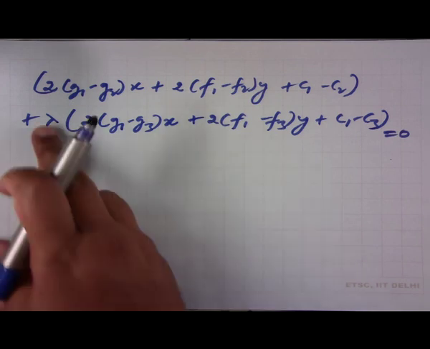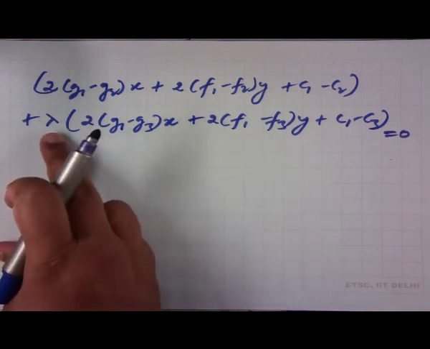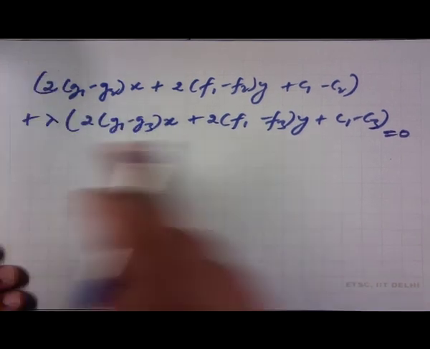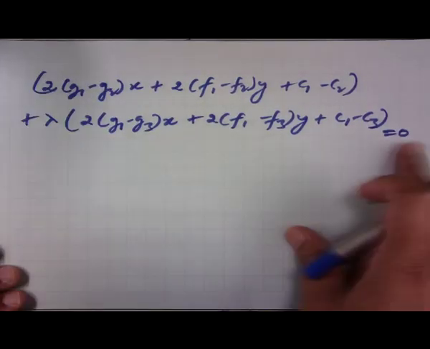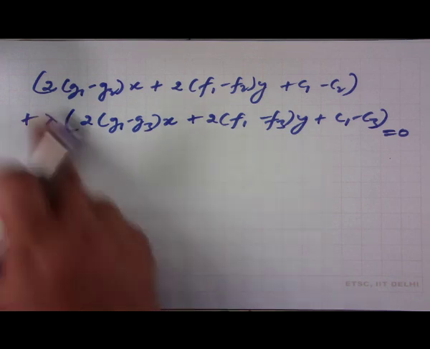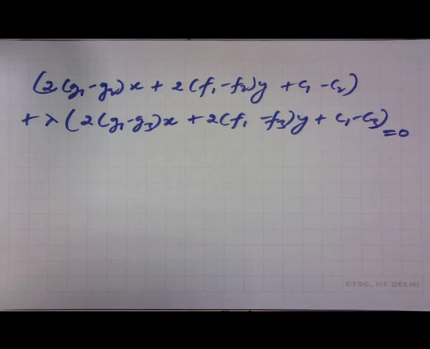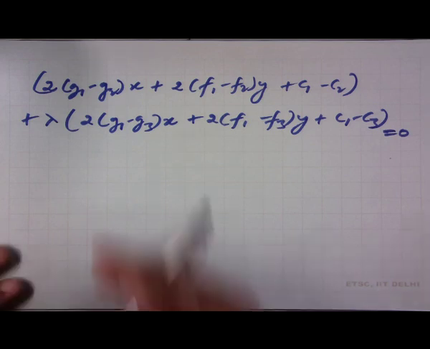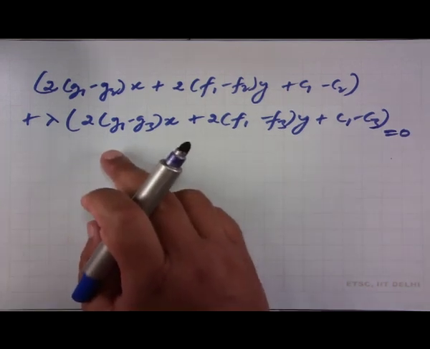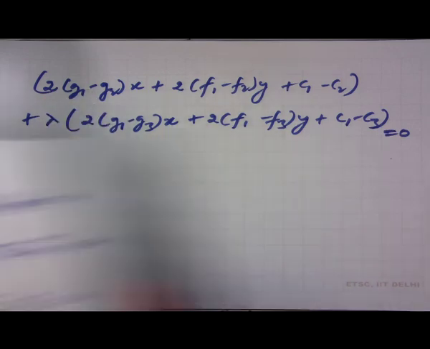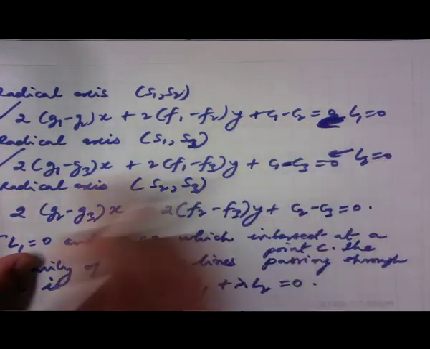For any real lambda, this is also the equation of some straight line, and this straight line will pass through the point of intersection of the two radical axes, which we have denoted by C.